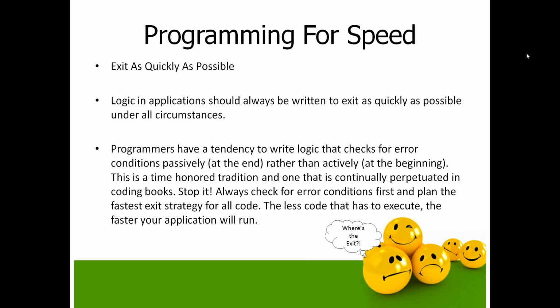Some of the things I'm talking about now will definitely fall under the mystery slowness category. When you start writing OO, it makes things go a lot faster. Scoping makes things go incredibly faster. And then exiting is definitely something.